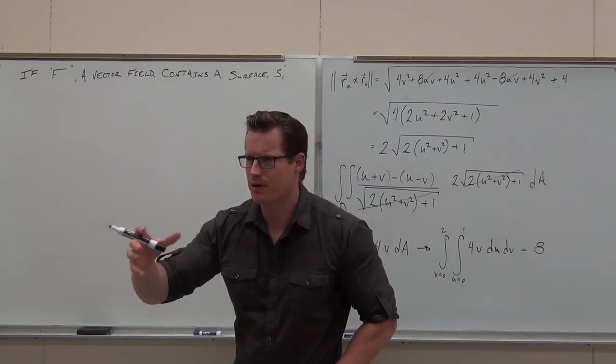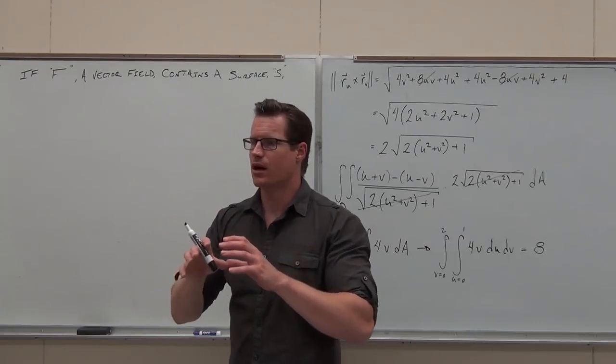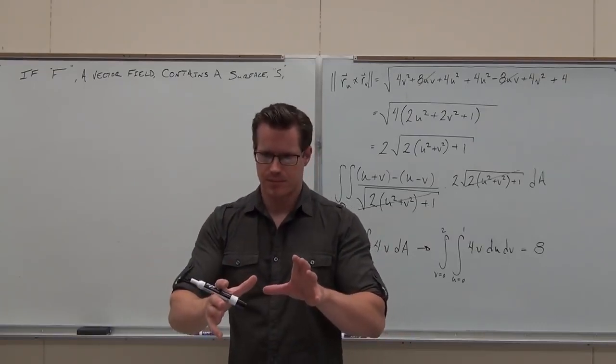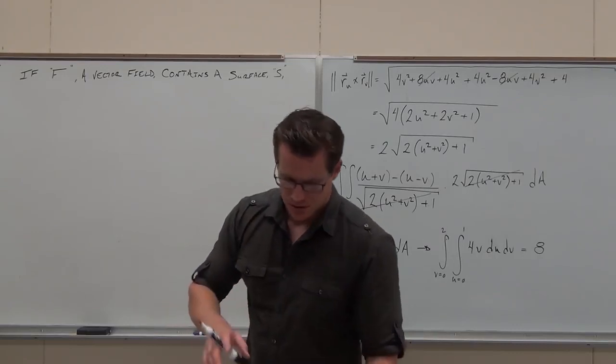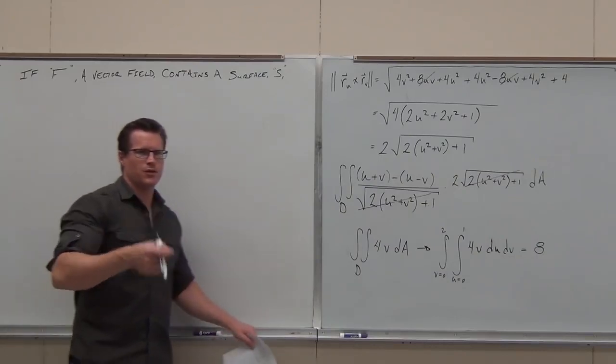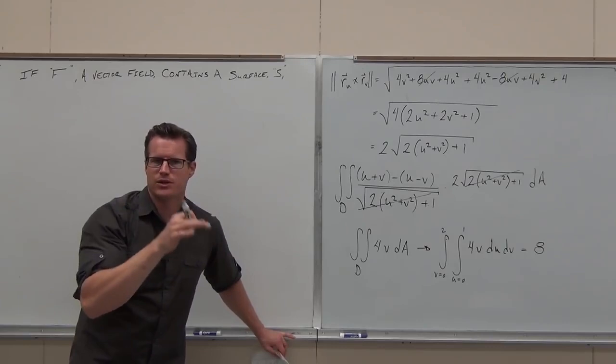We talked about that. Remember talking about vector fields, how they describe like the flow of fluid or some substance at any point across the surface. So if our vector field contains a surface S, then the vector field describes the flow or the fluid or the velocity of what that flow or fluid's doing at any point across the surface.